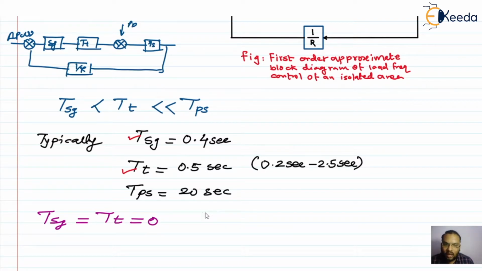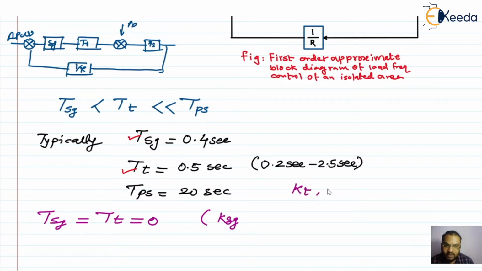Of course, we have the gain control with us, particularly the gain control of the speed governor, KSG. We can control it, but we cannot control KT.